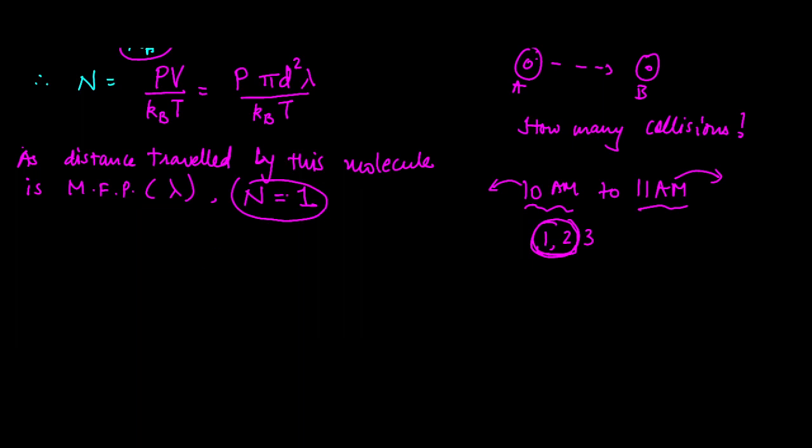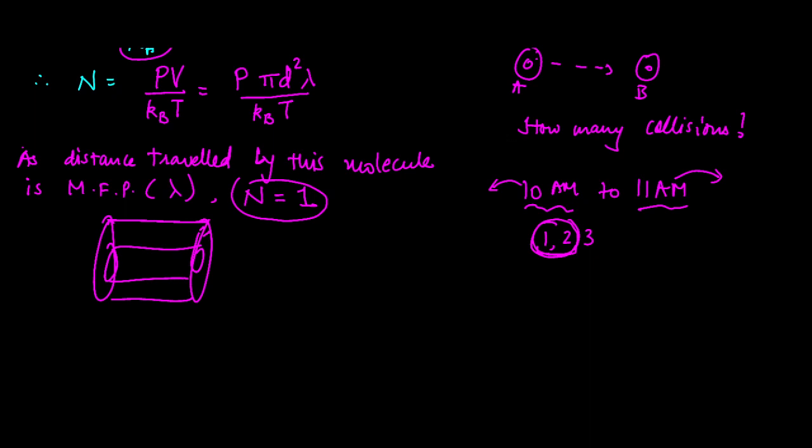I put N equal to 1, because of the number of molecules in that cylinder, the whole cylinder, the molecules inside it and their collisions. Yes, it means that there is only 1 molecule on an average in that.